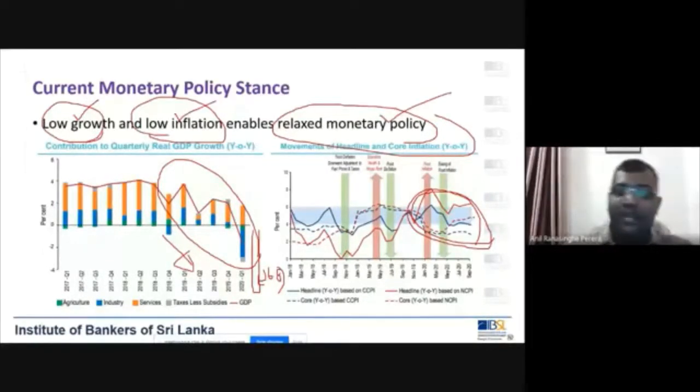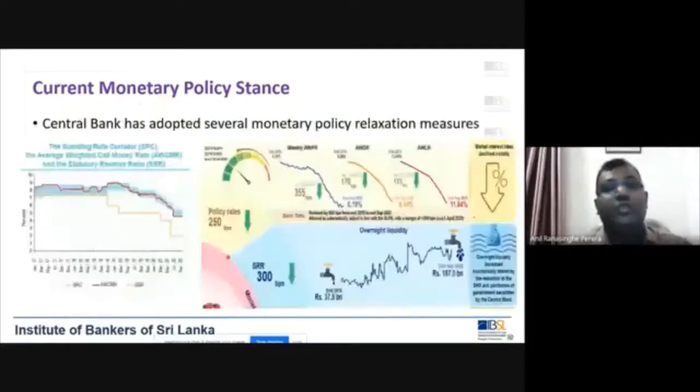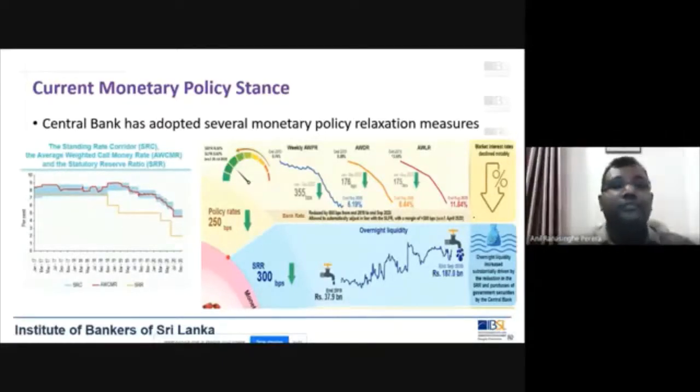So the central bank has relaxed monetary policy through various measures. In this slide, these various measures are included, but I will just highlight a couple of points. First thing, the central bank has reduced interest rates. You can see interest rates have been taken down from the previously high levels.